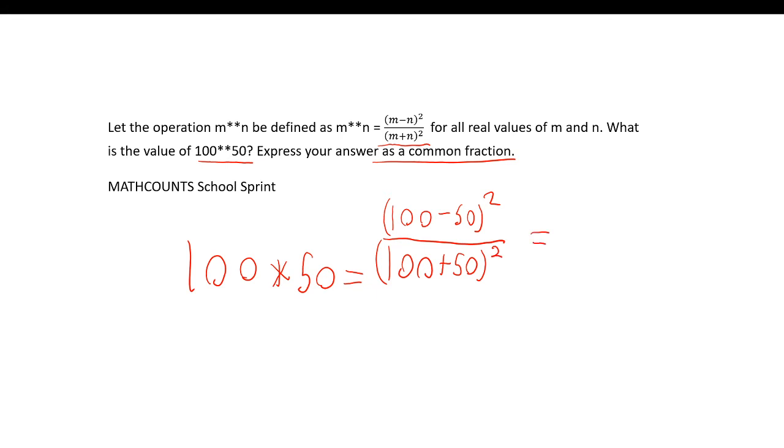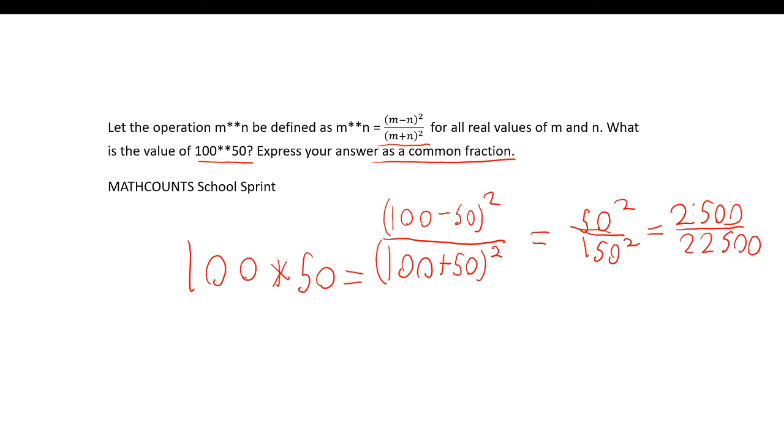Now 100 minus 50, that's 50 squared. 100 plus 50, that's 150 squared. Now 50 squared, 5 times 5 is 25. We have 2 zeros for the square, that's 2,500. Now 150 squared. 15 squared is 225. And we have 2 zeros for the square, so we have 22,500.